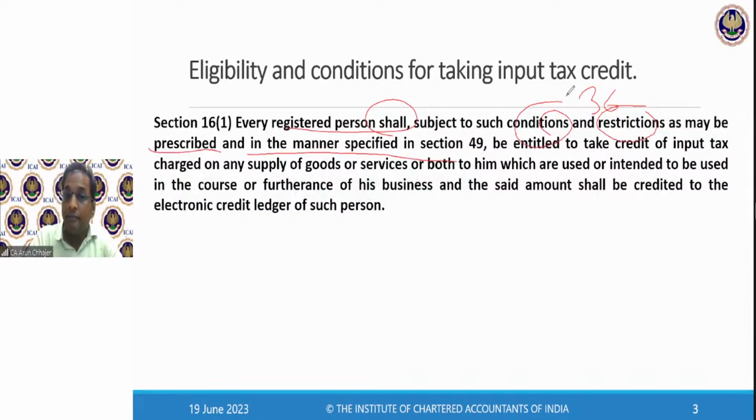Correct. Be entitled to take the ITC on supply of goods or services or both to him, which are used or intended to be used in the course or furtherance of his business, and said amount shall be credited to the electronic credit ledger of that person. Let's read once again.